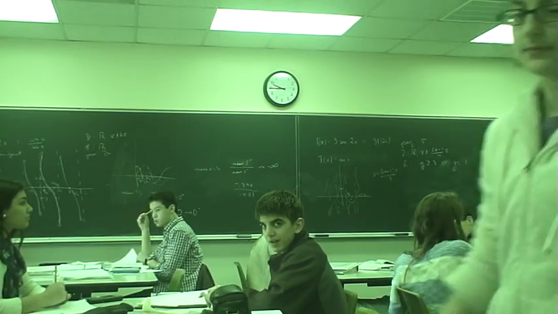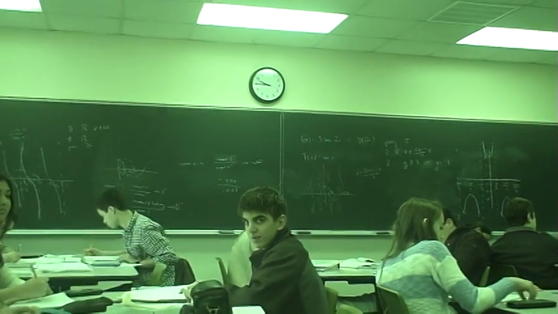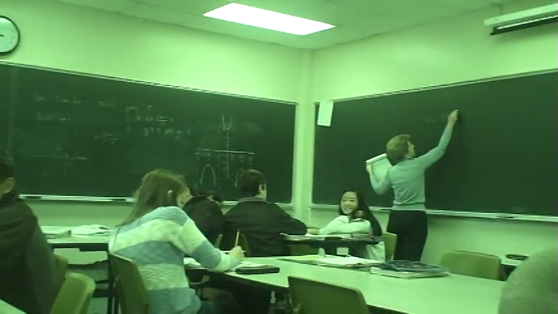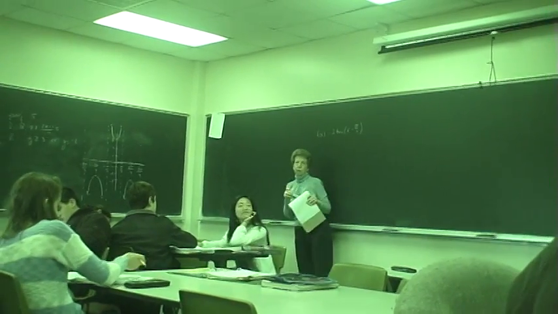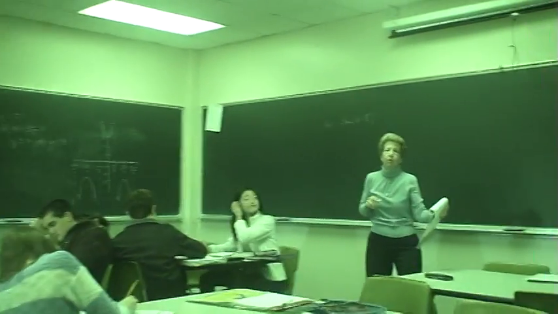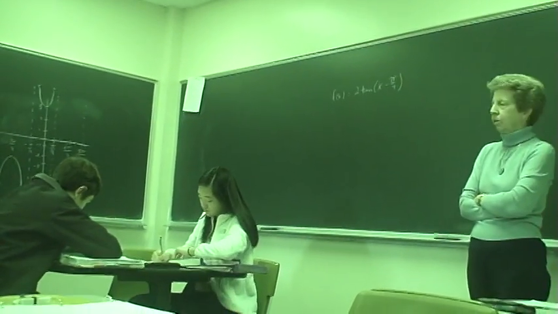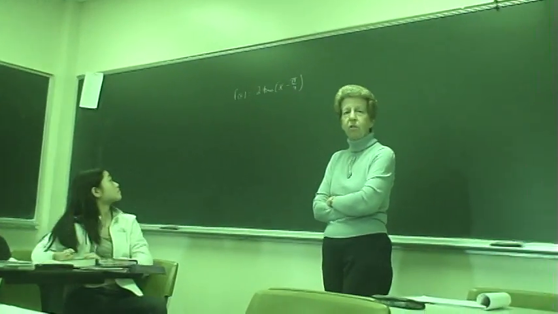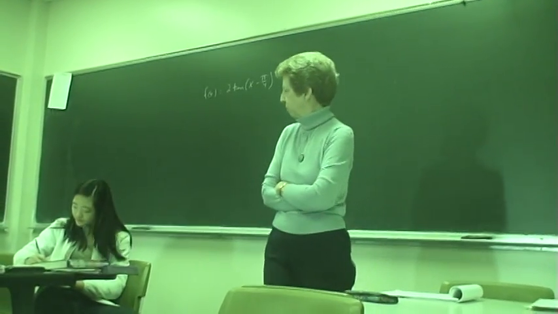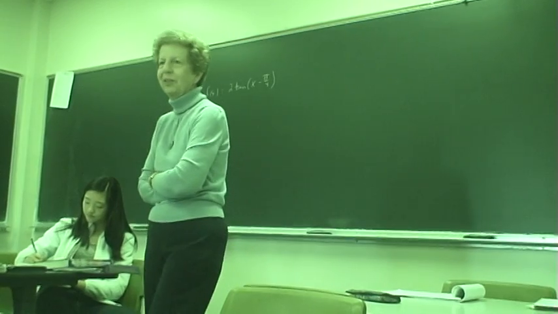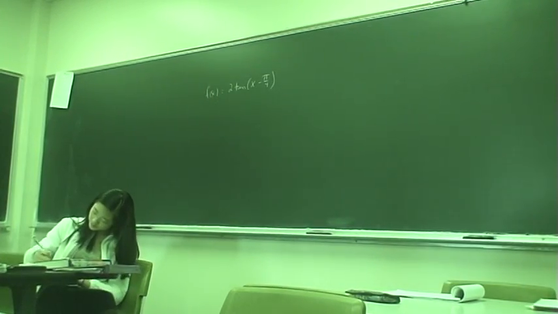How about f of x is, I'll give you a chance to check your battery too, 2 tangent of x minus pi over 4. Is that gonna work or not? Yep. Okay, great. Thanks.